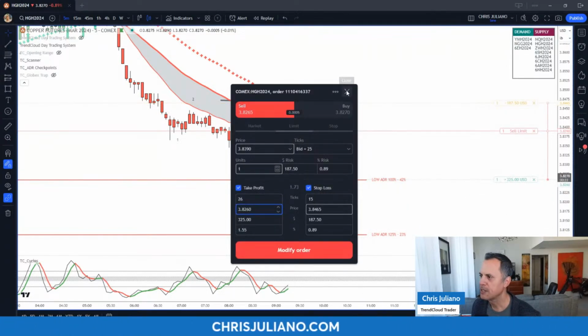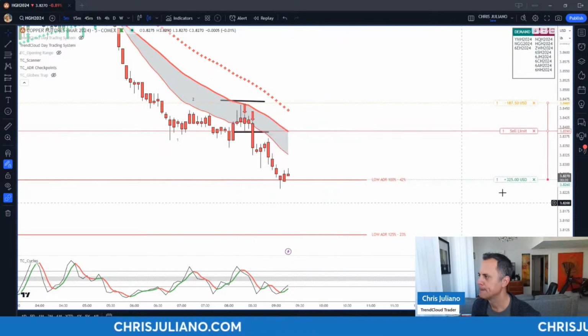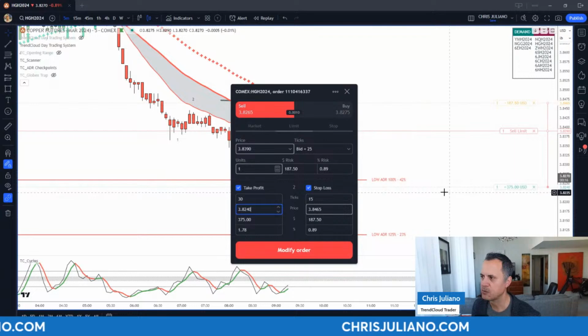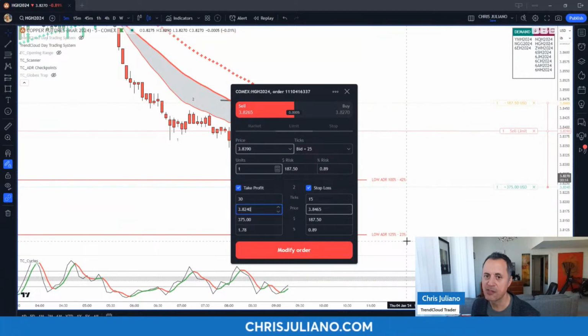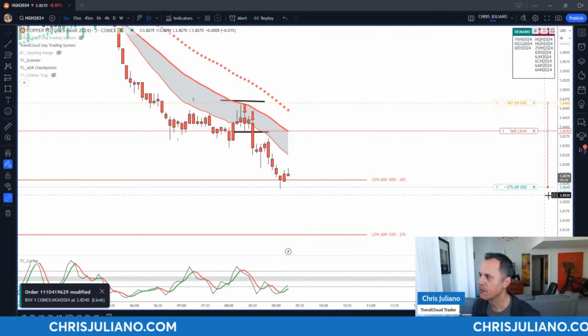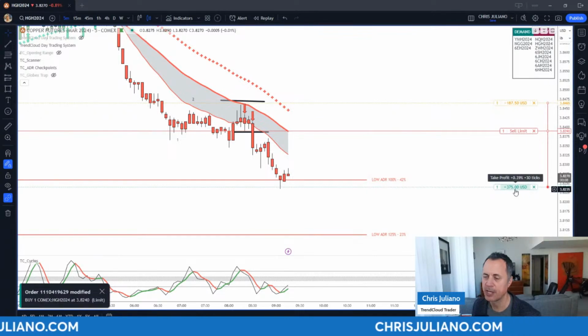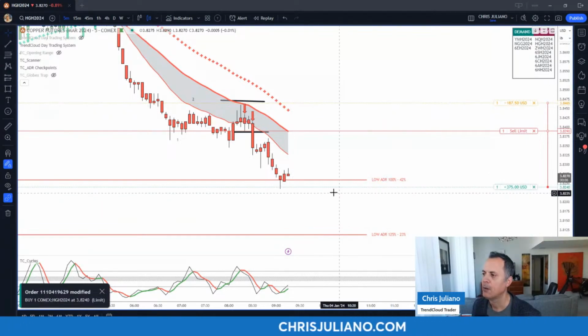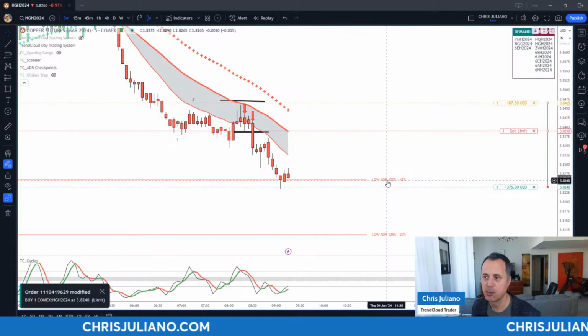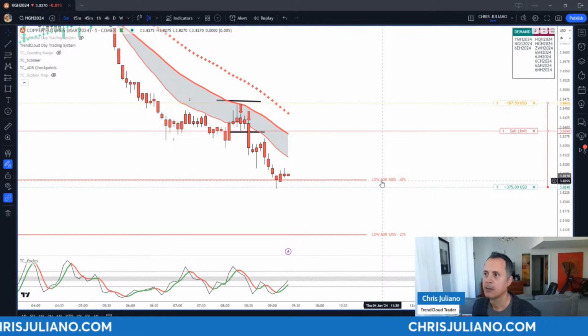Now look at how we always set a 2 to 1 target, and right here, that is your 2 to 1, $375. And look at how close it is to that ADR checkpoint.